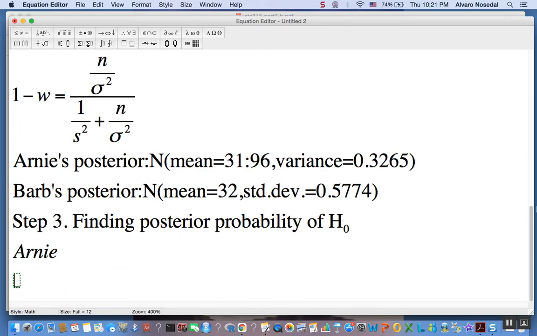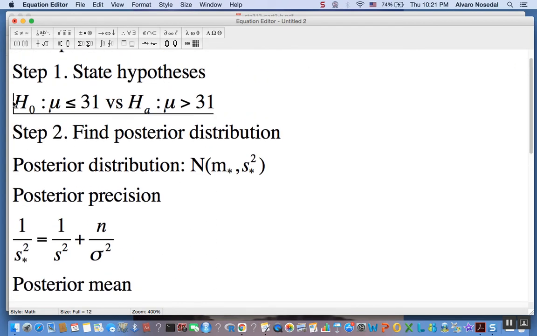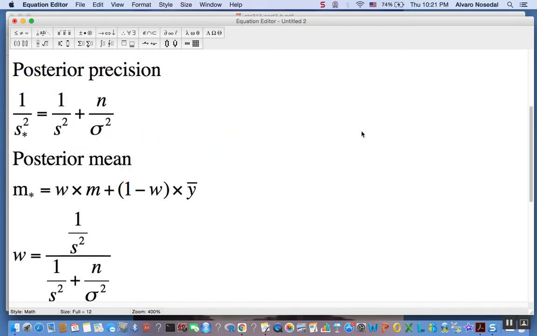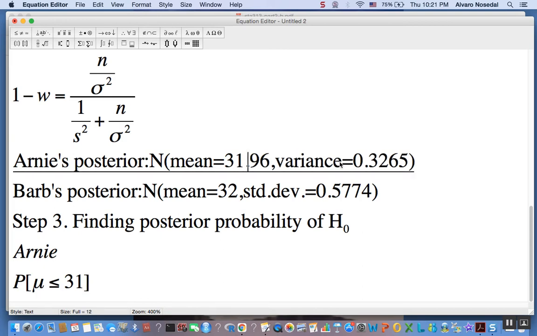So the posterior probability that you want is this. Meaning what you want is the probability that mu is less than or equal to 31, and you are assuming that mu has a normal with mean 31.96 and variance 0.3265, right?